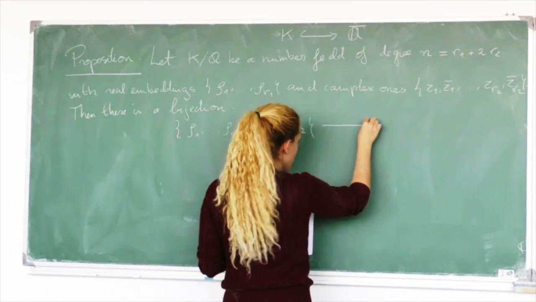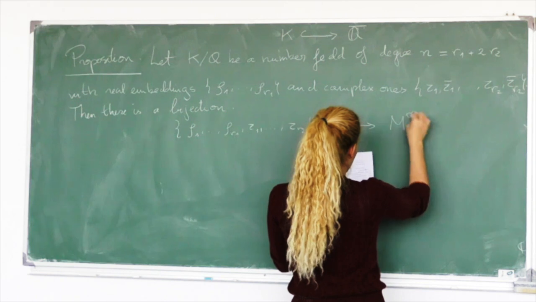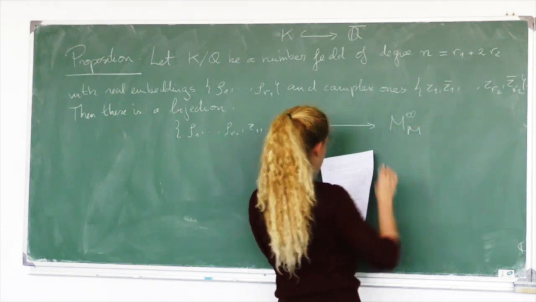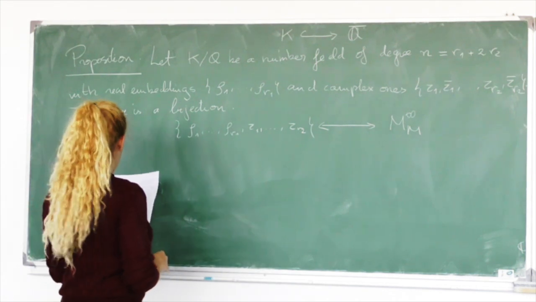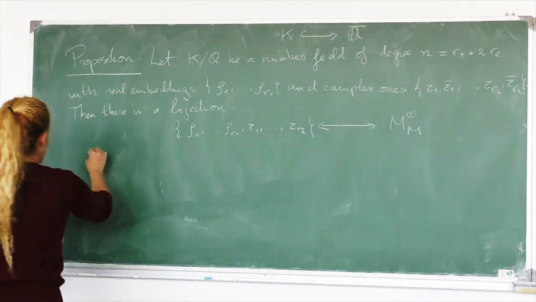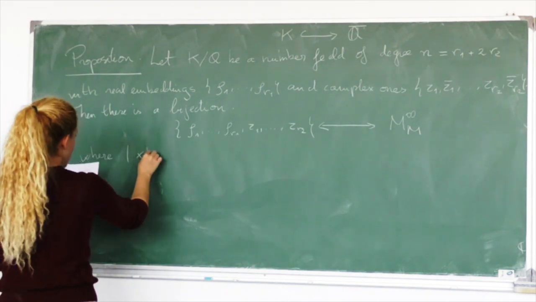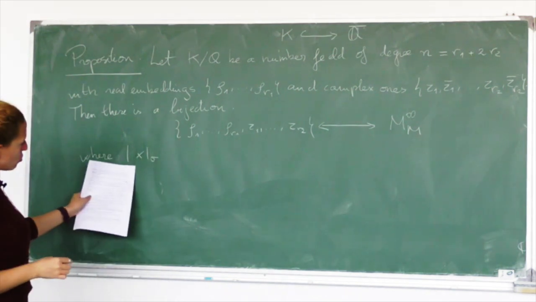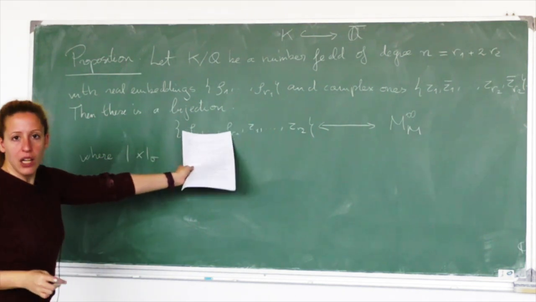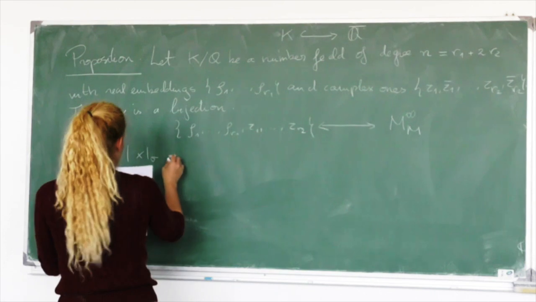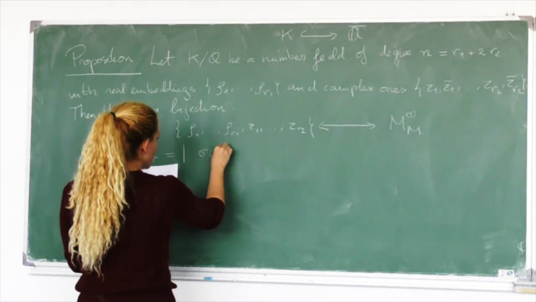So there is a bijection between this set and the Archimedean valuations. It can be made explicit, where the idea is that we define the absolute value corresponding to a sigma, one of the elements we have here, one embedding, to be equal to the standard absolute value.